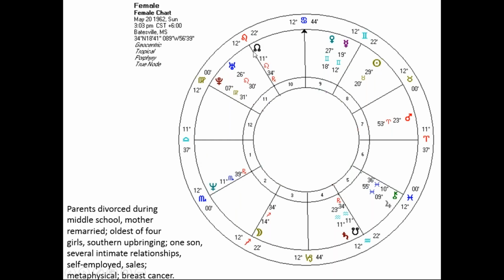If the North node was 11 39, it'd be exact. It's just 5 minutes past, not 5 degrees, 5 minutes. It is a separating square. So the North node is the resolution node here, and the North node is a first quarter square to Neptune.